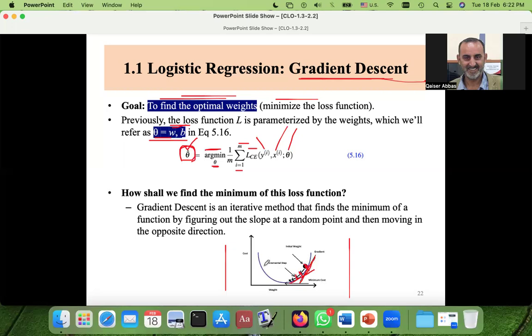Suppose at this point your cost is high, then you have to move down to lower the cost. So you select the next point, calculate the gradient, go to the next point, calculate the gradient, and finally you will be at the global minimum.